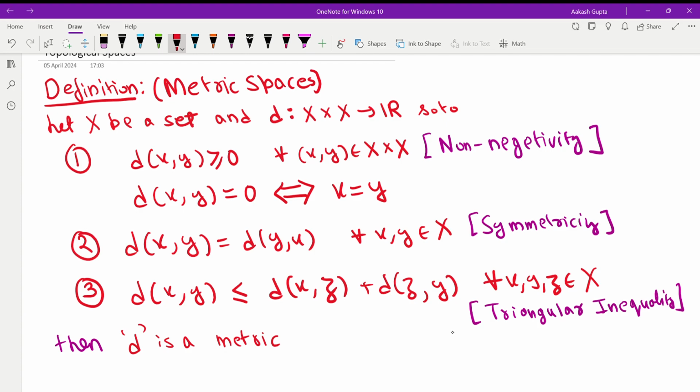But in mathematics we call it a metric on X. There can be many metrics on X, right? And the pair (X, d) is a metric space.